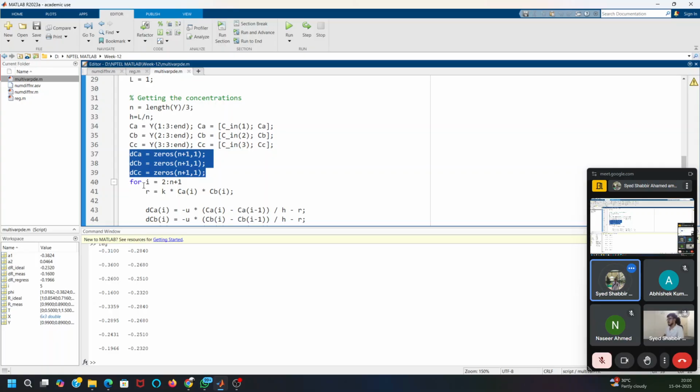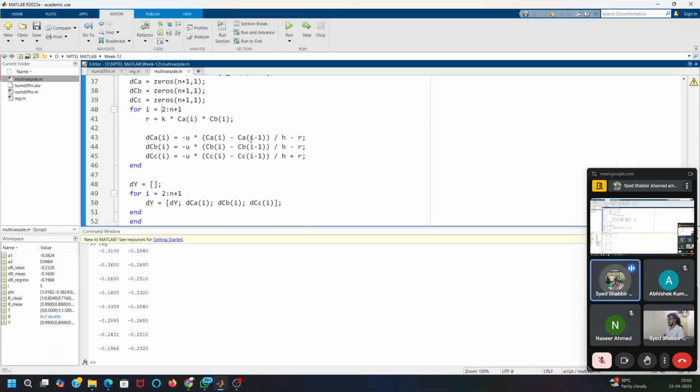But we do numerical differentiation, applying central difference, only from z equals 2 to z equals n plus 1. So that's what we do. And we are using the backward difference formula here.